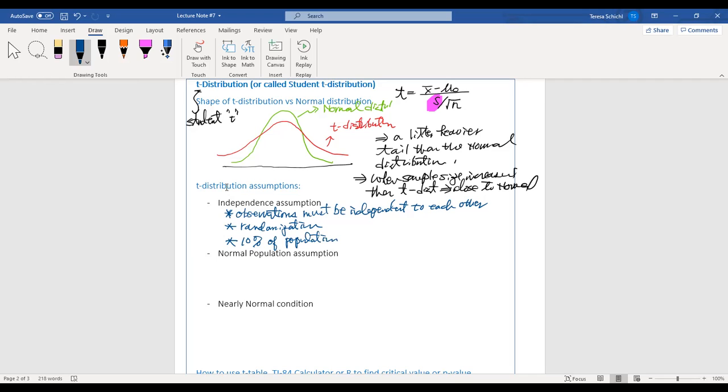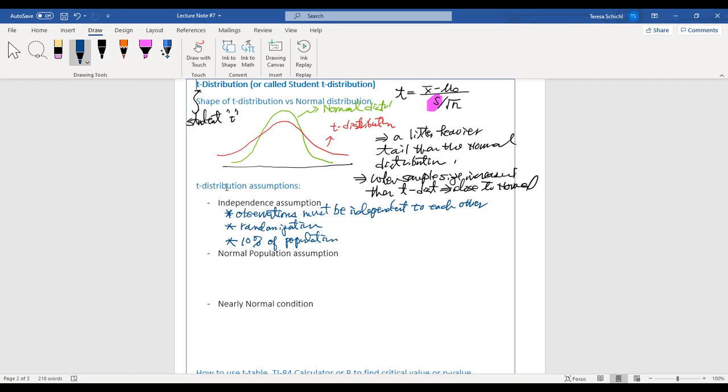For example, if I want to find the average income for a city, and let's say it's a very small city with 1,000 families, then my sample has to be less than 10% of the population in order to satisfy the assumption of the T distribution.